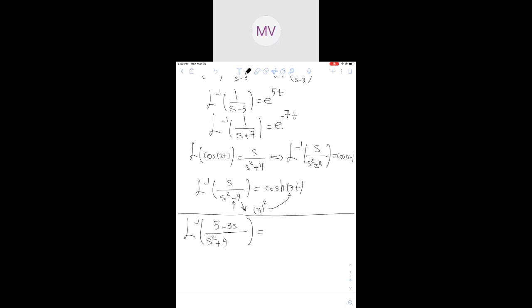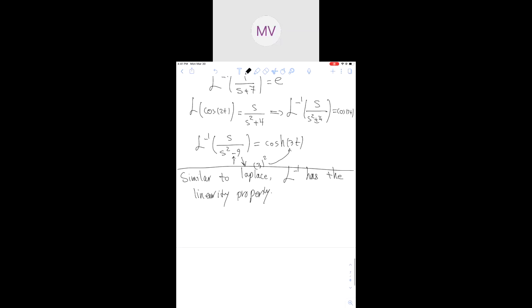I should have mentioned something. Let me erase this. As soon as I tell you this, you can easily figure this out. Similar to Laplace, Laplace inverse has the linearity property.